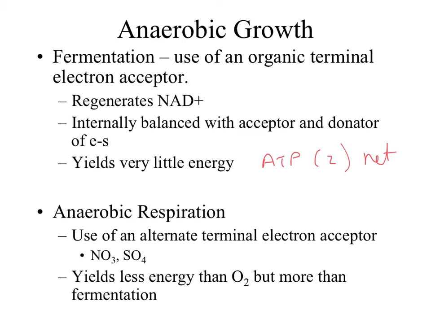We do glycolysis, transition step, citric acid cycle, electron transport. The only thing that changes is that rather than using oxygen at the end of the electron transport chain, we use something different like nitrate or sulfate. It'll yield less total energy than oxygen, but more than fermentation.